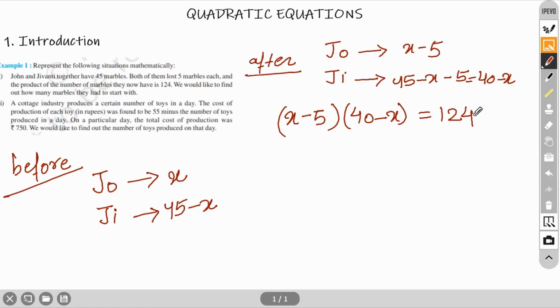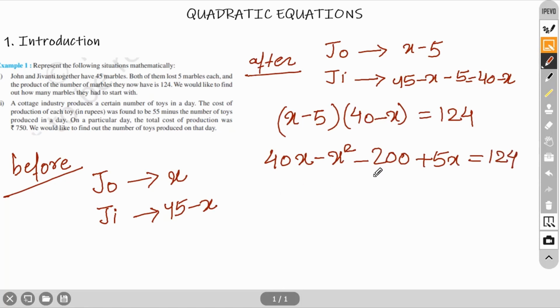So let's open the brackets, multiply. We are doing simple multiplication here. That's no big deal. So 40x minus x square minus 200 plus 5x equals to 124.